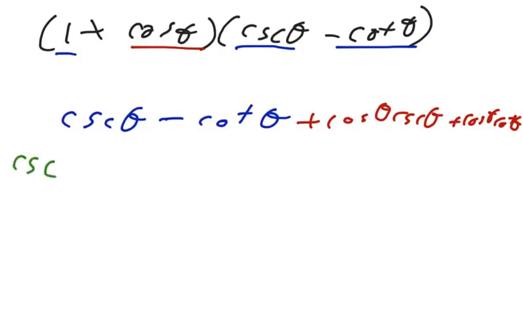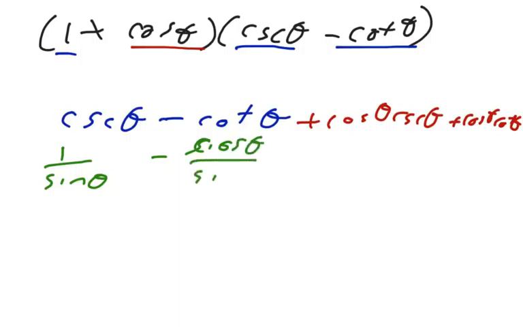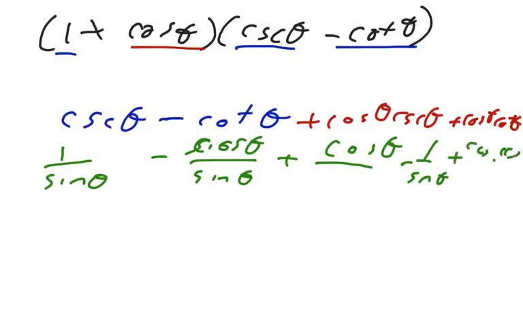So we're going to change this to be 1 over sine theta minus cosine over sine theta plus cosine theta times 1 over sine theta plus cosine theta times cosine theta over sine theta.